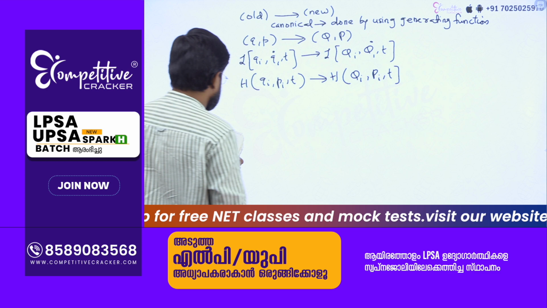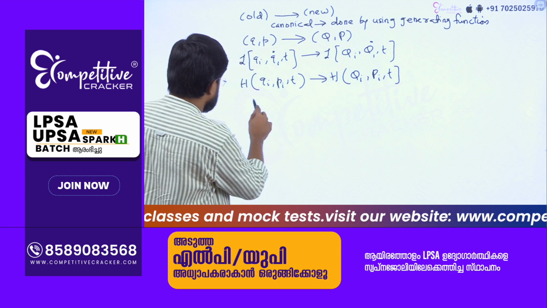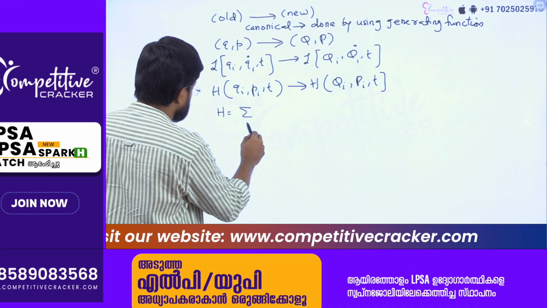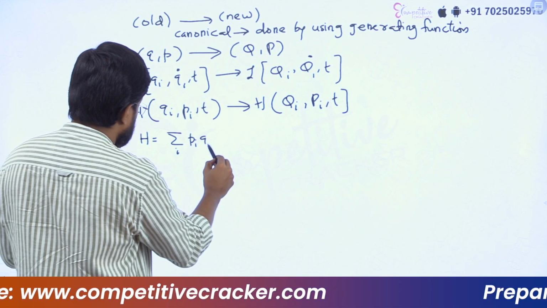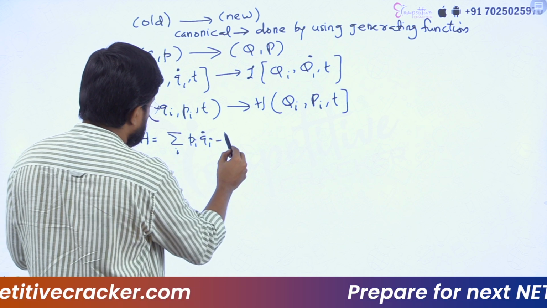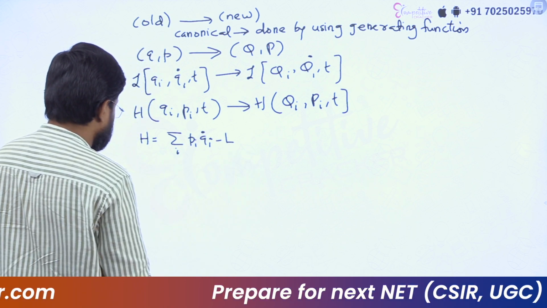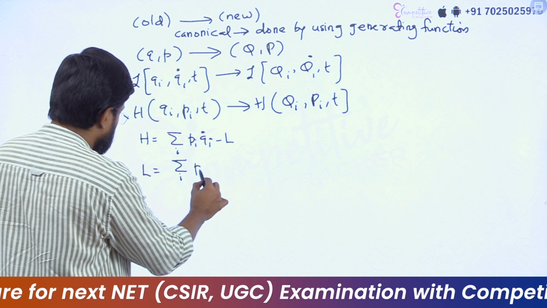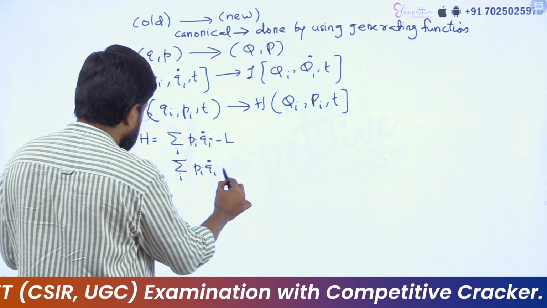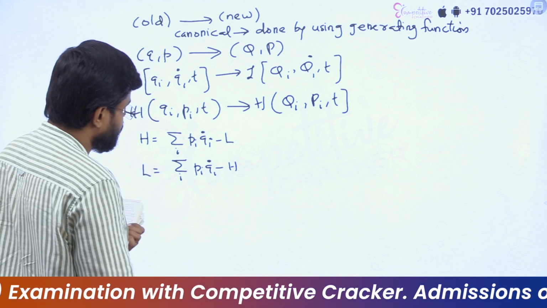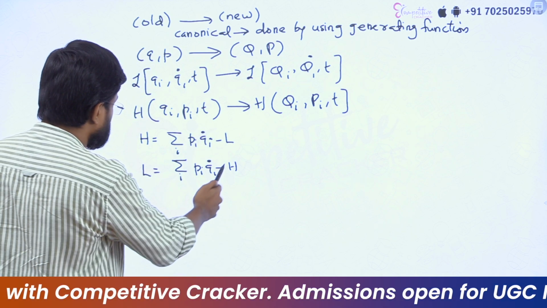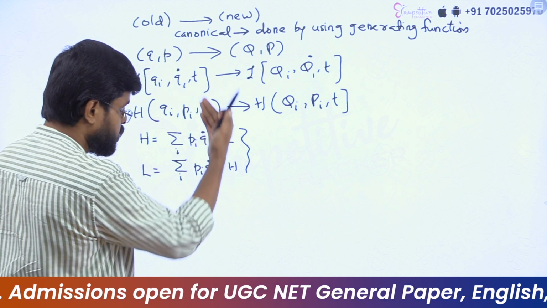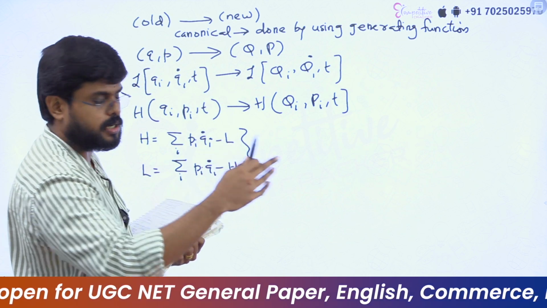okay. And we know the Hamiltonian in the old coordinate system is found out by the summation over i of pi qi dot minus L, or the Lagrangian is given by the summation over i of pi qi dot minus H. See, both of these are Legendre transformations that you know. Lagrangian and Hamiltonian are related by Legendre transformations.